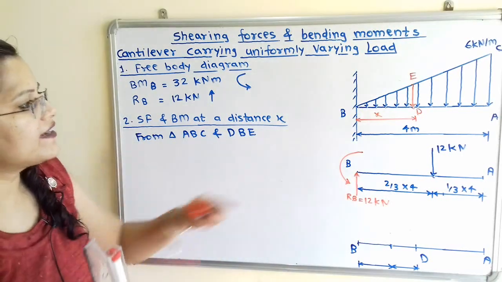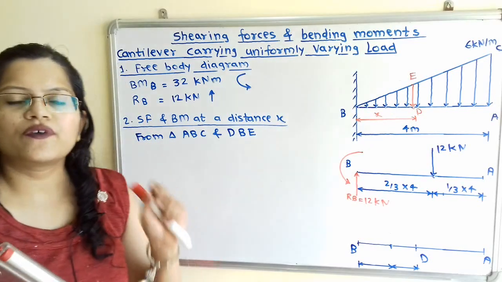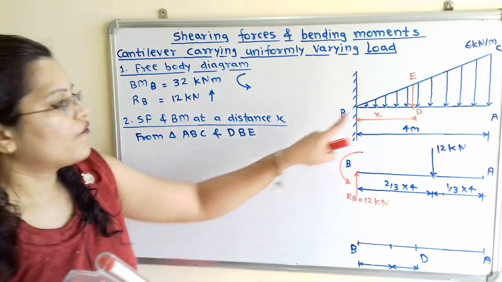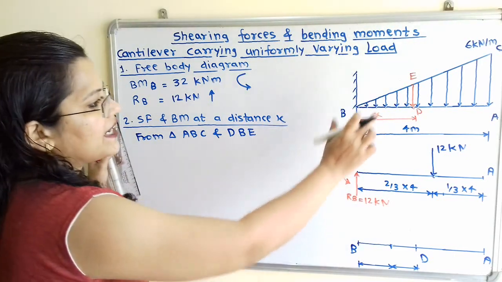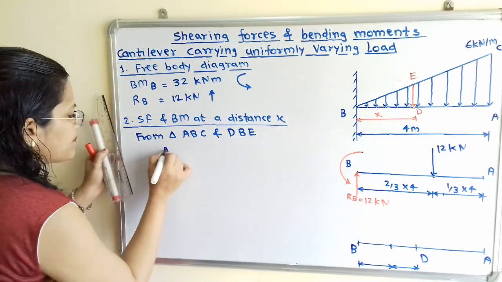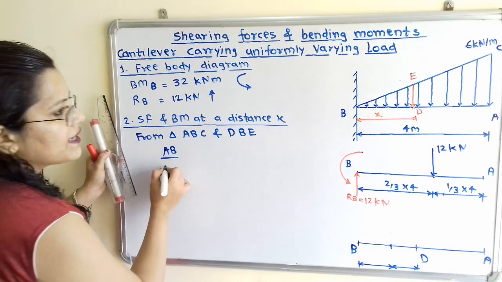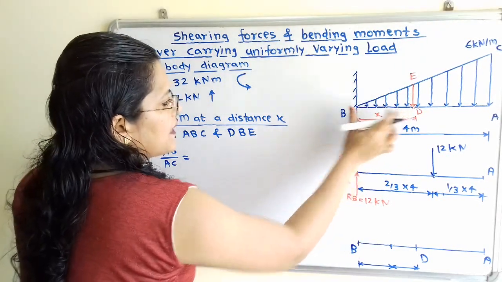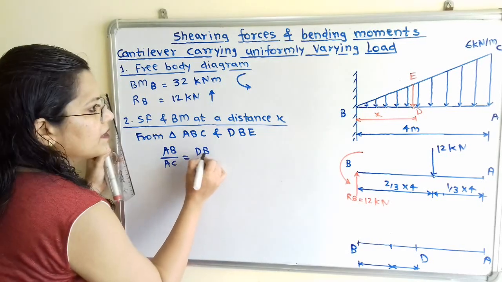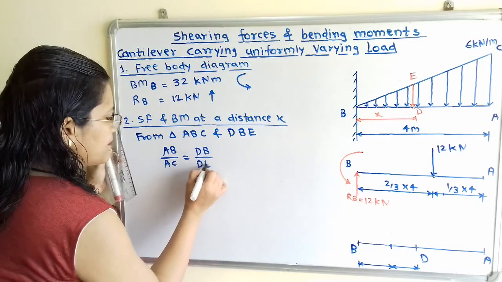We have to find out the value DE. So we will take the ratio of base to height for these two triangles. For the triangle ABC, base AB divided by AC is equal to, from the second triangle, base DB divided by DE.